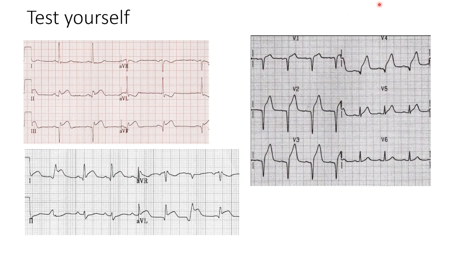So over here, once again, you can pause it and test yourself, and then I'll discuss the answers on the next slide. So let's look at the first one. We see over here no Q wave really, but over here we see something in lead 2. We see that it's present in lead 3 as well.